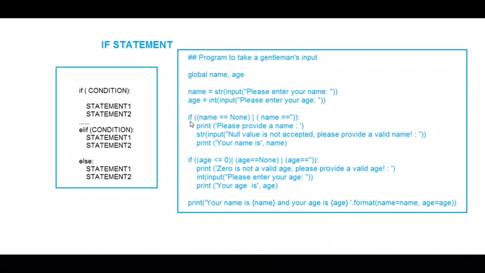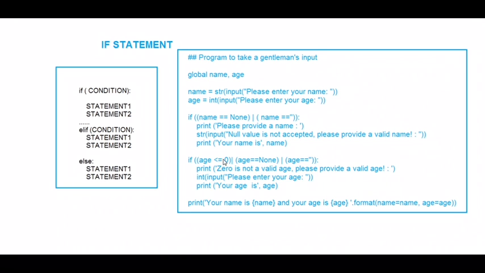Now here comes the if loop, and here I have used two conditions basically. If name equals to none, or name is nothing specified for the name, then we print here please provide a name, and then we again ask the user to input a valid name here, and then we open another if loop, and then we ask it for the age.